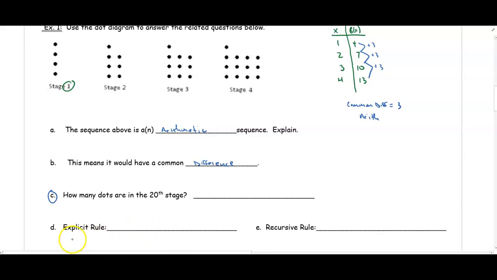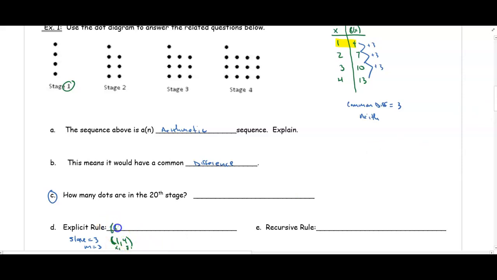So if my common difference is 3, that tells me my slope is 3. Right? So m is 3, and I have an ordered pair that I'm just going to take here. And I'm just going to pick 1, 4. It doesn't matter which one you pick, but I'm going to use 1, 4. So that acts as my x1 and my y1.